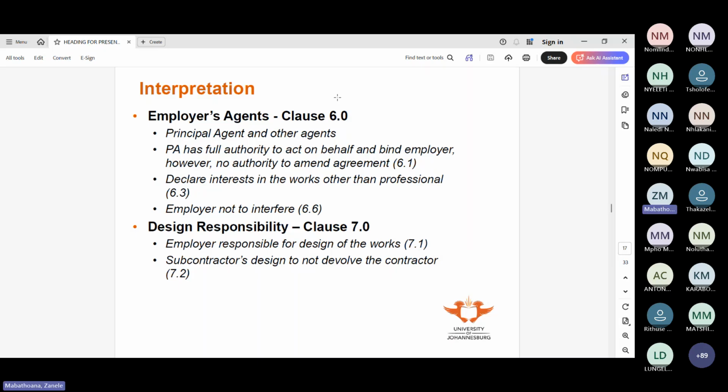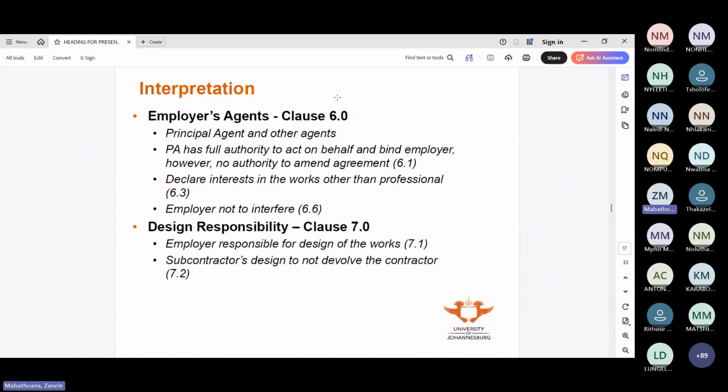All the principal agent can do is comment to say, I've checked, the contractor has priced as per market. This is fair. Please approve so that we may proceed. And then the client will look at it and approve and then proceed.